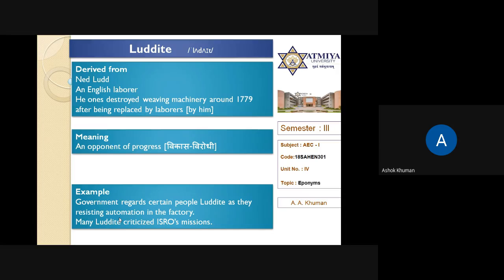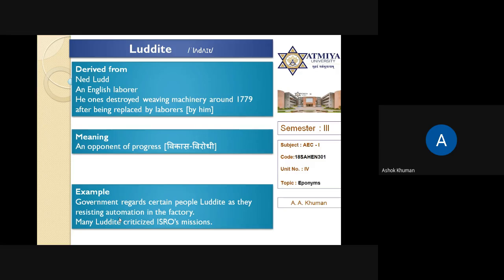For example, this year the government announced a new education policy. There will be people who are not in favor of it, the opposition. They will oppose this, so they are called Luddites.